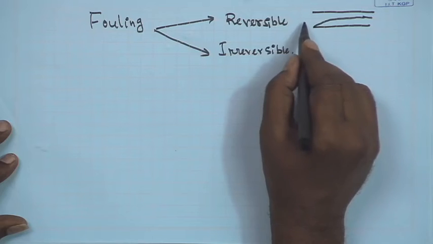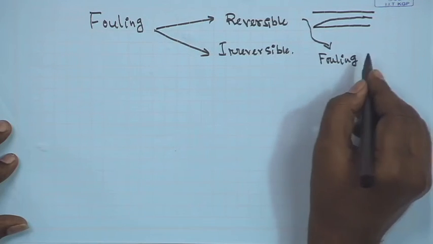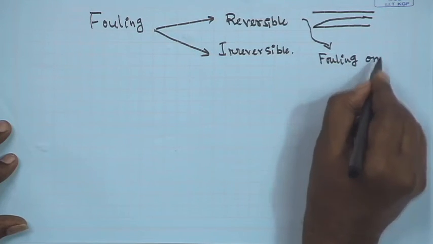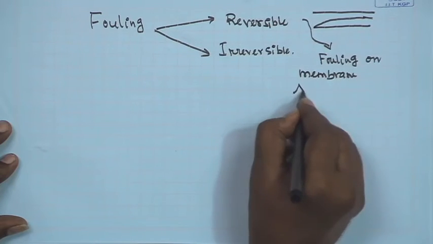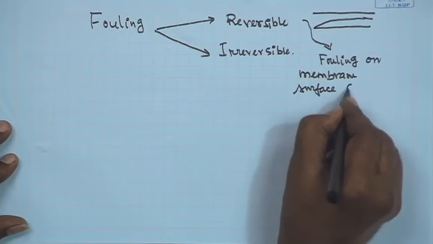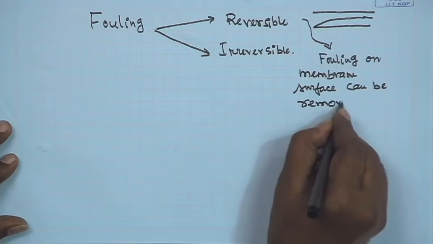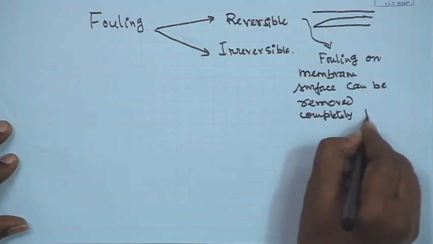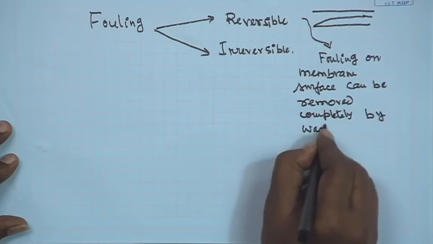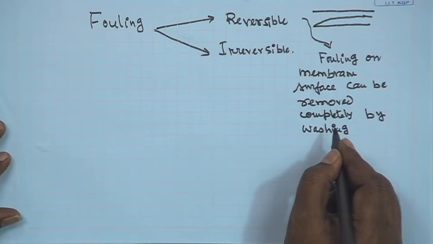The fouling layer on the membrane surface can be removed completely by washing, thereby recovering the membrane permeability completely.